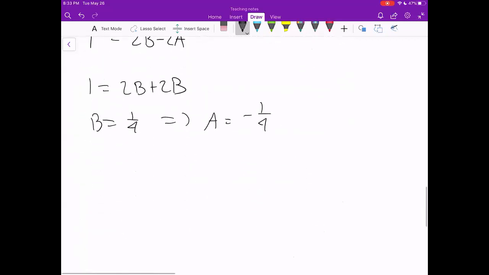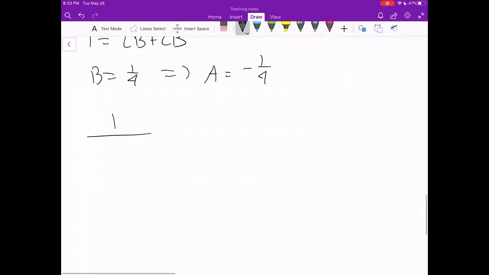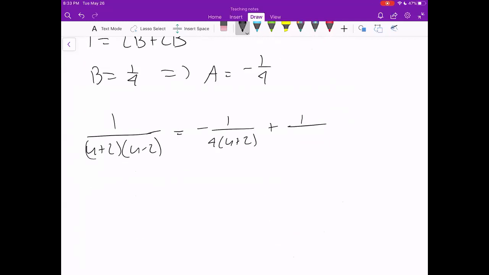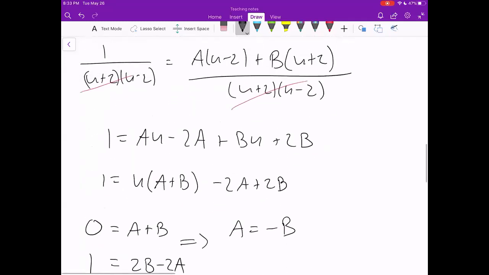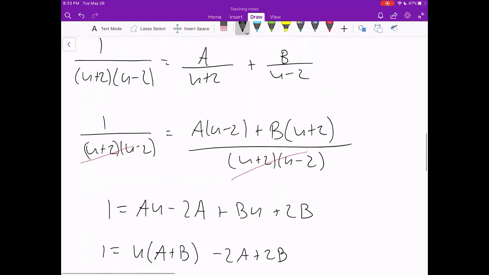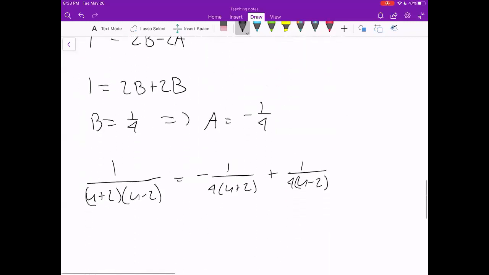So I'm going to then have 1 over (u plus 2)(u minus 2) is equal to negative 1 over 4(u plus 2) plus 1 over 4(u minus 2). Let me make sure that was the form I had there. So a over u plus 2, yeah.